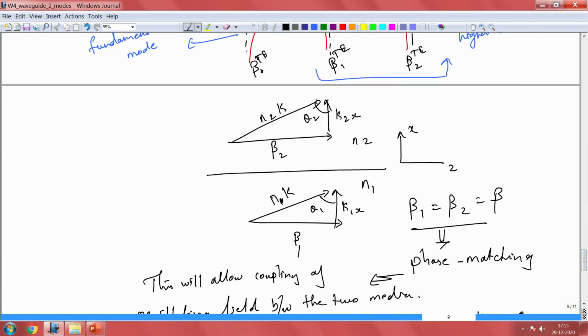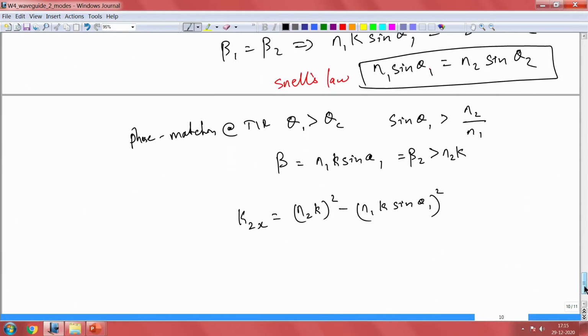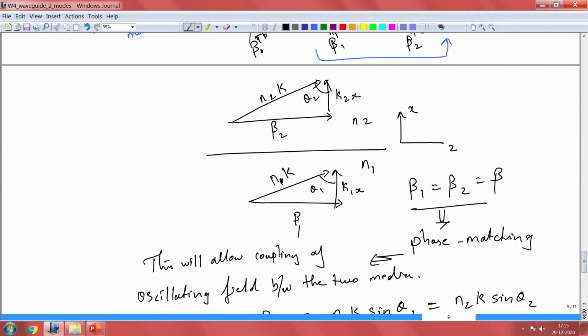So, this is what you are finding, k2x. This is nothing but the square root of n2 k square minus beta square. This is just simple Pythagoras theorem, where you say beta square plus k2x square will be equal to n2 k the whole square.